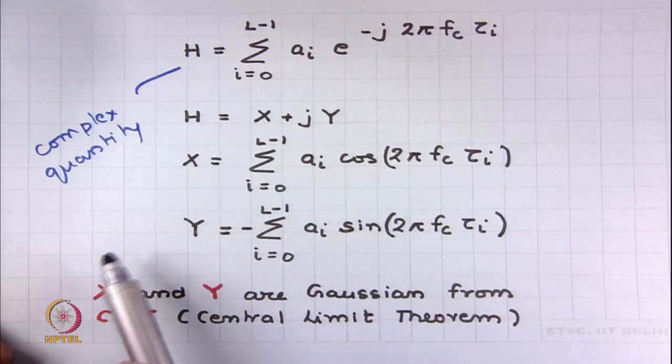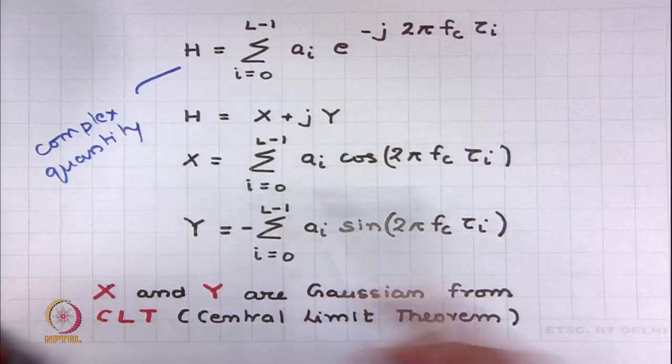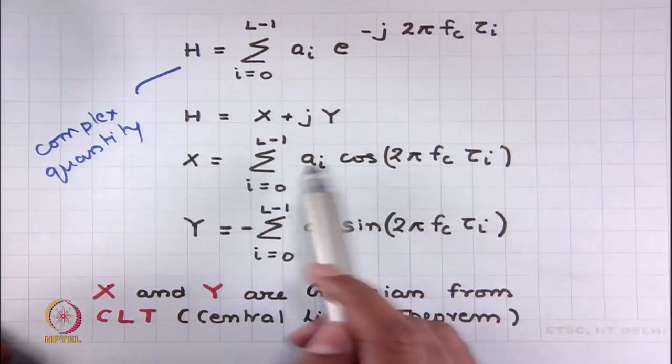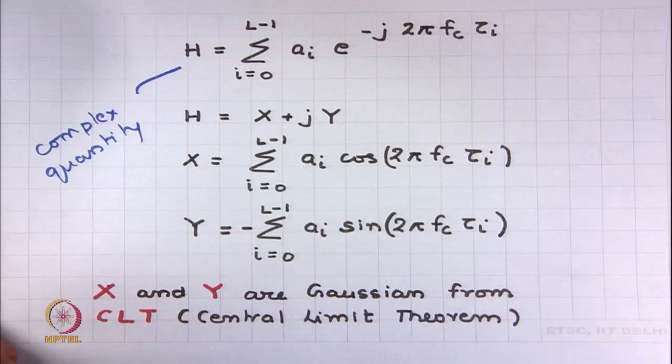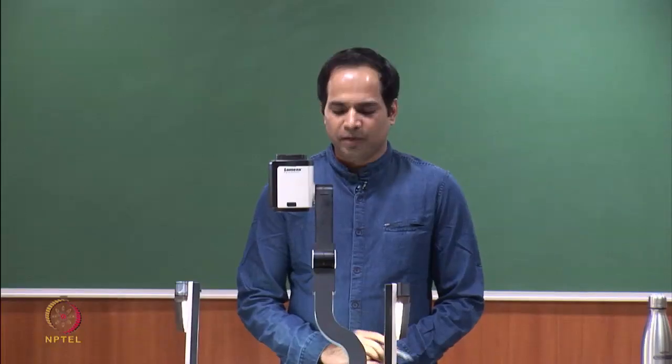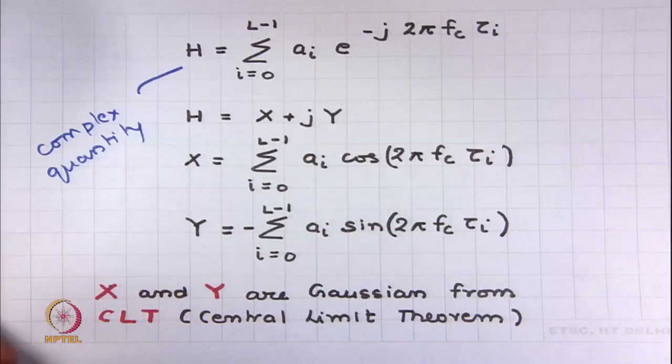Okay. Now, what is this quantity? So, you have several random variables here, and this is a sum of a large number of independent random variables, and we have seen in one of the previous lectures that if you have a sum of a large number of independent random variables, by the central limit theorem the resultant random variable will be a Gaussian random variable, and hence this x is a Gaussian random variable.